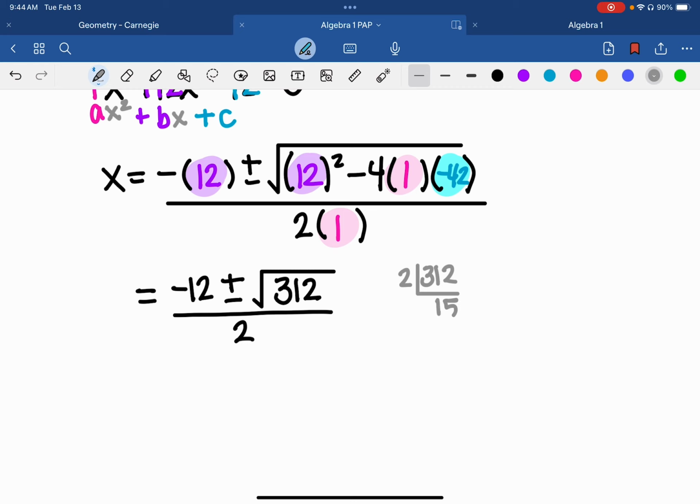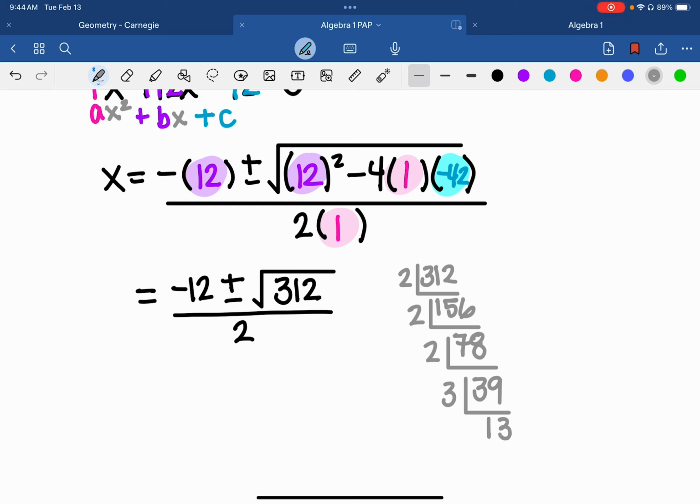Honestly, I just start dividing by 2 until I can't divide by 2 anymore. I wanted that to be square. There we go. I can keep dividing by 2 because I keep getting an even number. And then 39. Oh, I could divide 39 by 3, can't I?